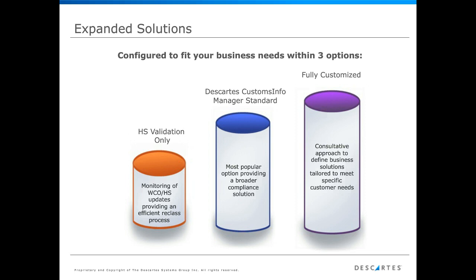They don't need the workflow, but they have got a lot of classifications in various countries, and they need to keep up to date as to whether those codes are valid or not. So in that product, we've got the HS Validation tool, which would allow people to upload their data, monitor any changes, export that data back into their systems as they need to. So we'll focus quite a bit on that one as we go forward.